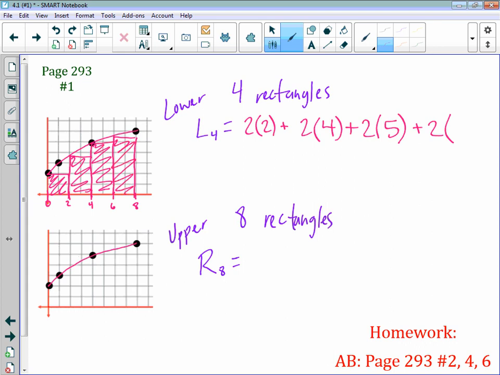What'd you put? 5.5, let's just go with that. And then you just add these up, so we've got 4 plus 8 plus 10 plus 11. 33, is that what you guys got? So questions on that?